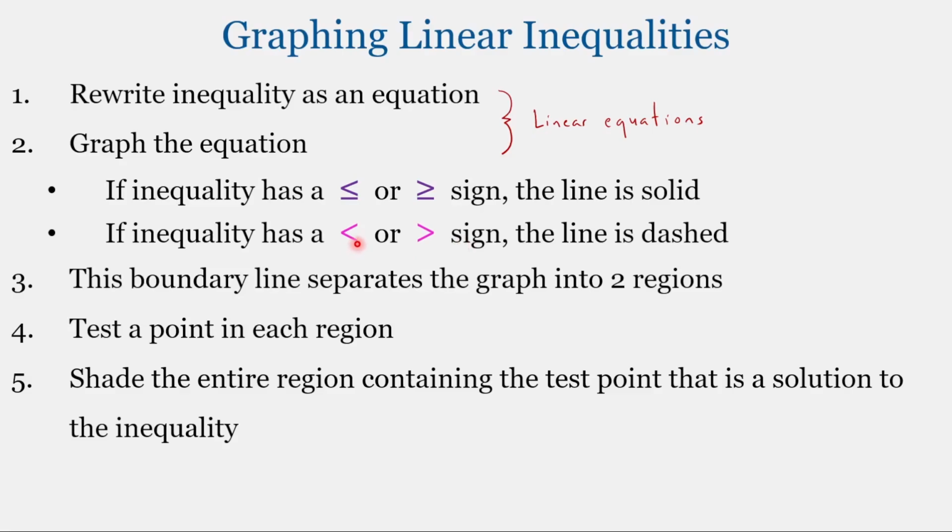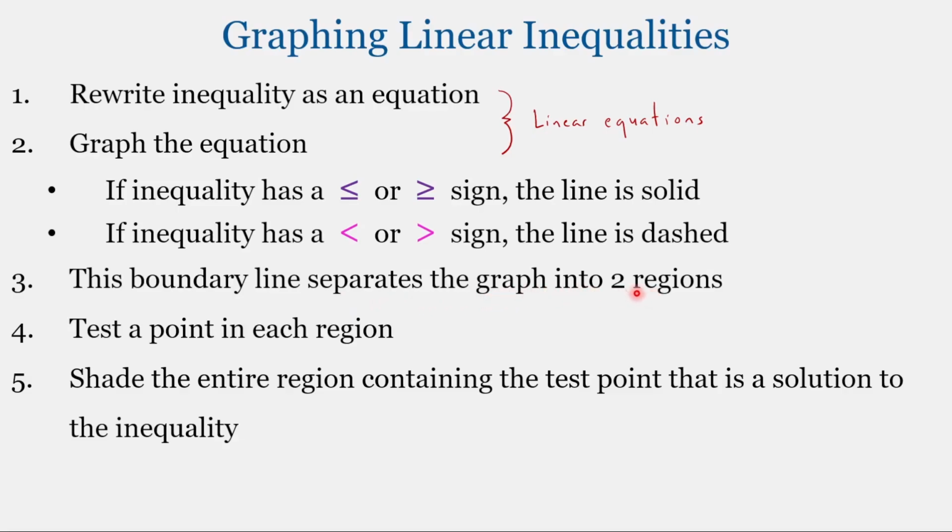And if we have a less than or greater than sign, so we do not have or equal to as a possibility, then that line is going to be dashed, indicating that the points on the line are not included in the solution.